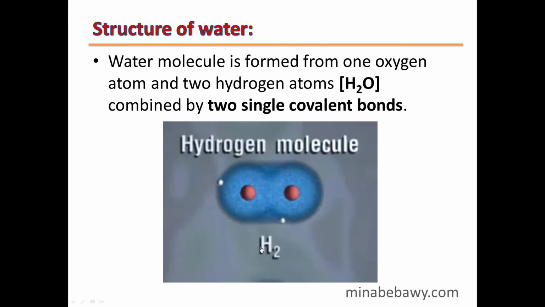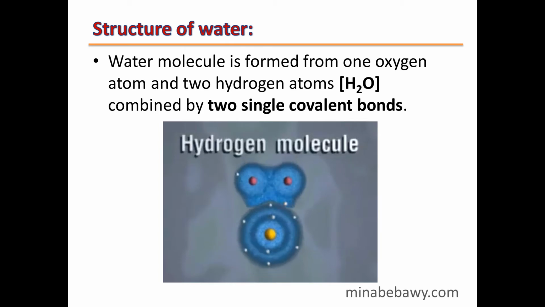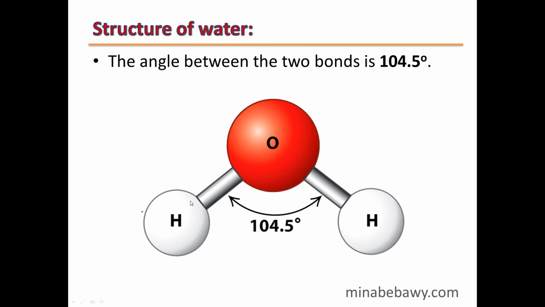As you can see from this video, this is the hydrogen molecule. When it combines with one oxygen atom, we have one water molecule, H2O. The angle between the two covalent bonds is 104.5 degrees.